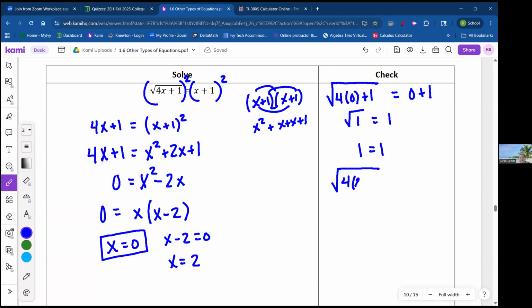The square root of 4 times 2 plus 1 is equal to 2 plus 1. 4 times 2 is 8. 8 plus 1 is 9. Square root of 9 is equal to 2 plus 1, which is 3. And the square root of 9 is 3. Yay! So in this case, both are solutions.